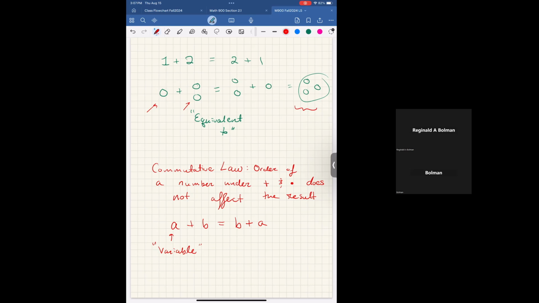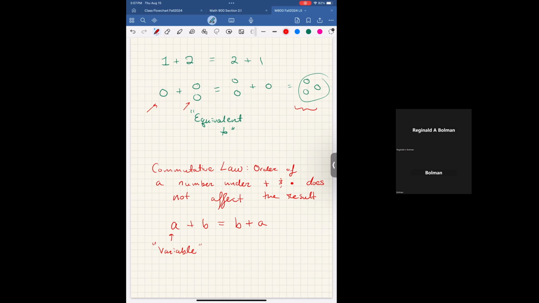In this case, the quantity can be whatever we want it to be. And we don't necessarily have to know beforehand what that quantity happens to be. This is critical. I don't have to know what the quantity is. Okay, I don't know what A is. You don't know what A is.